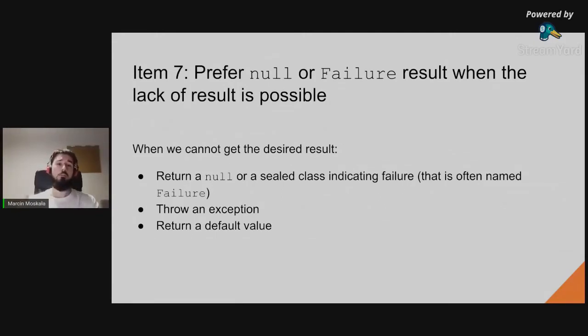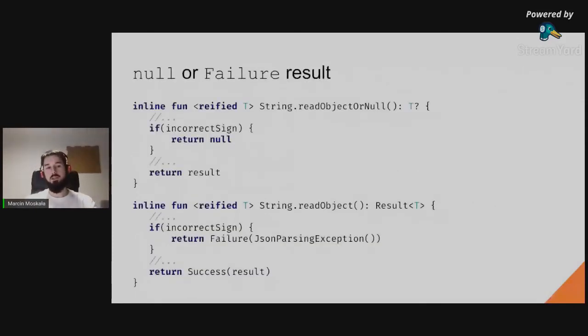And so if a lack of result or incorrect result is possible, instead of throwing an exception, we prefer either returning null or returning a failure. There is also an option of returning a default value. So how does that work? Previously we've seen an object throwing a JSON parsing exception.